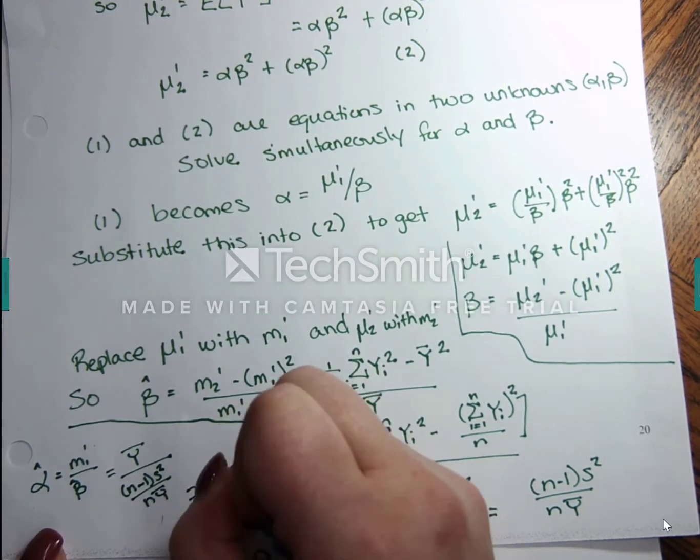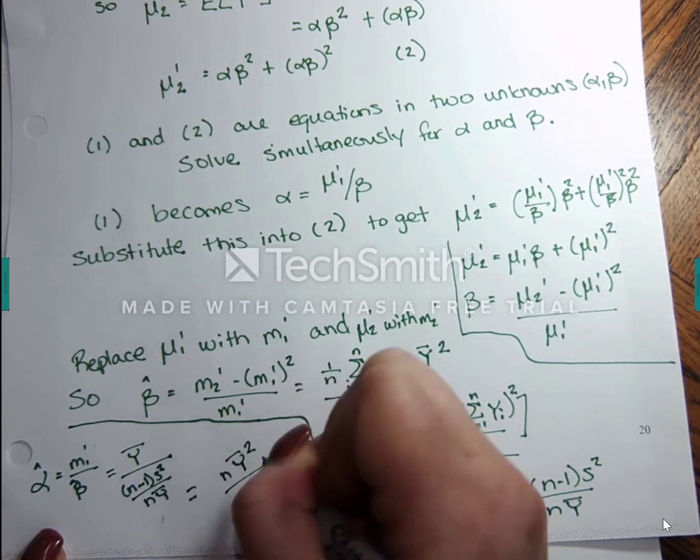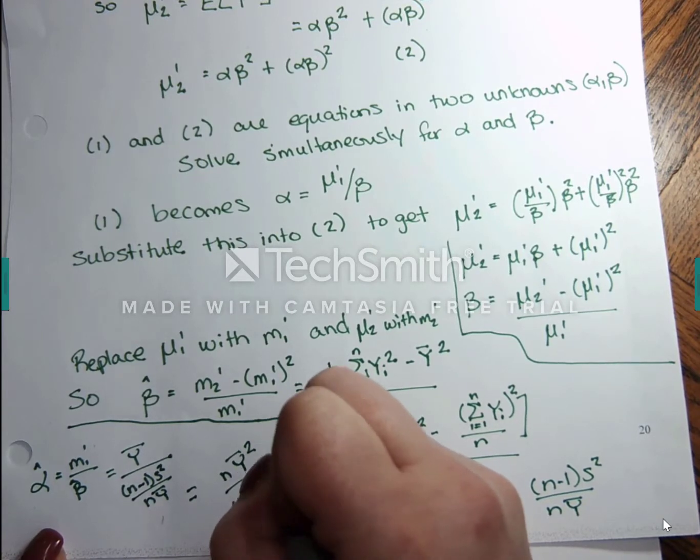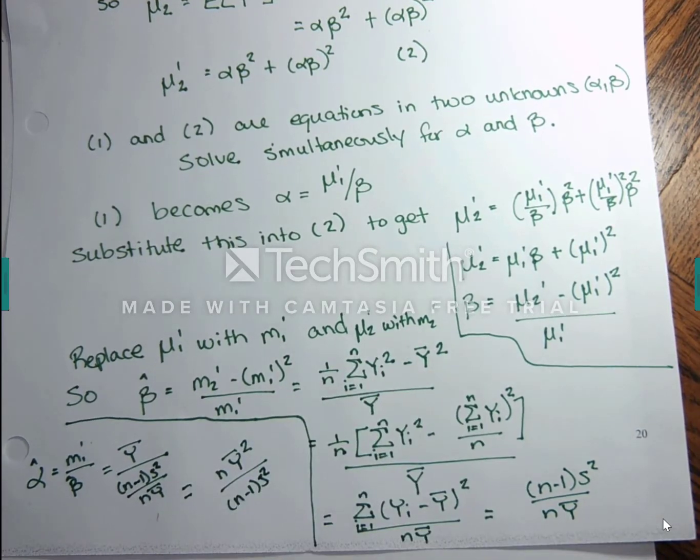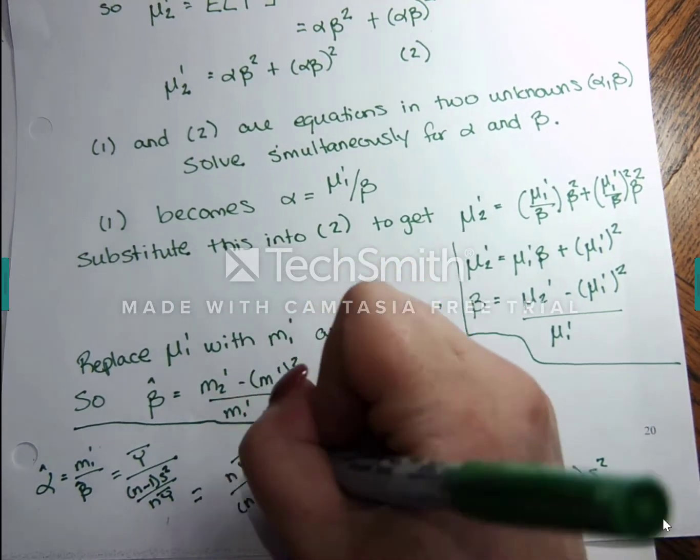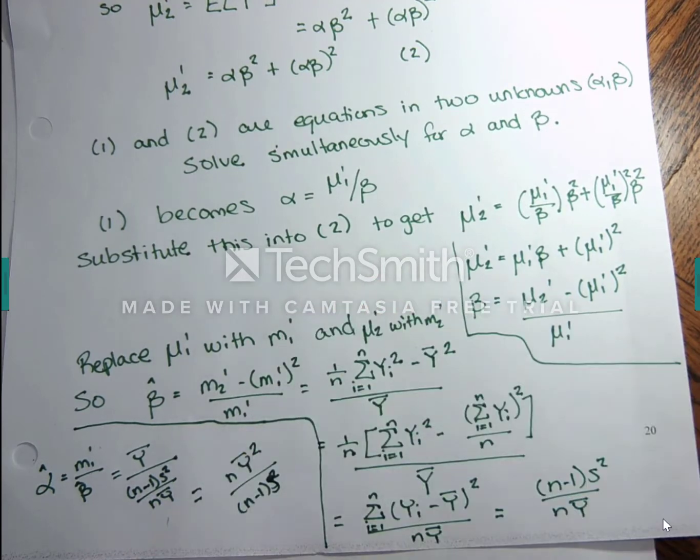And this simplifies to n y bar squared divided by n minus 1 s squared. And that is an s right there. And remember, this is for a gamma distribution, so this is showing how you can take the sample mean and the sample variance and estimate the different parameters for this gamma distribution.